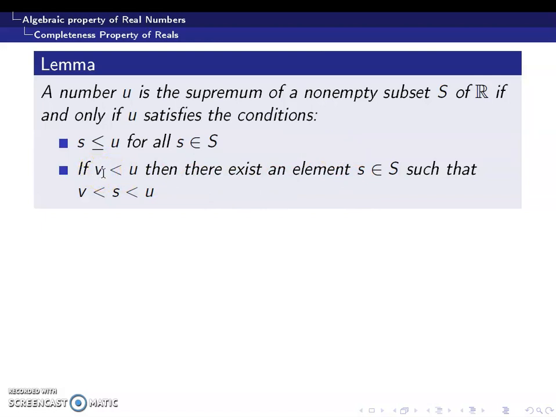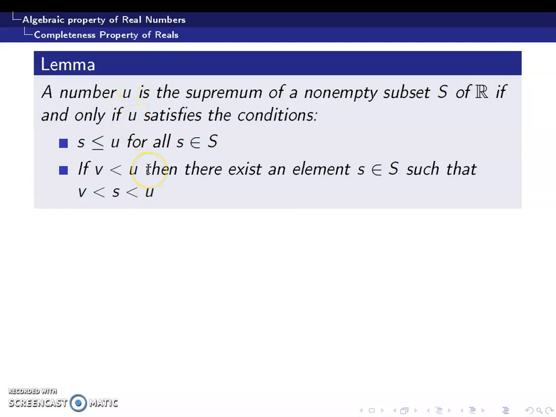There should exist at least one element which is greater than v and less than u, or in between u and v there should exist at least one element. If this is not true, then every element should be less than or equal to v, so v should be an upper bound which is less than u. In that case, u cannot be a supremum.